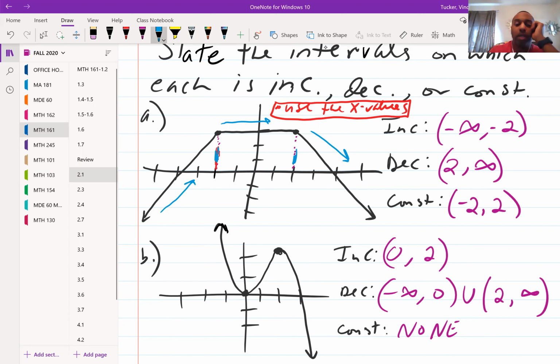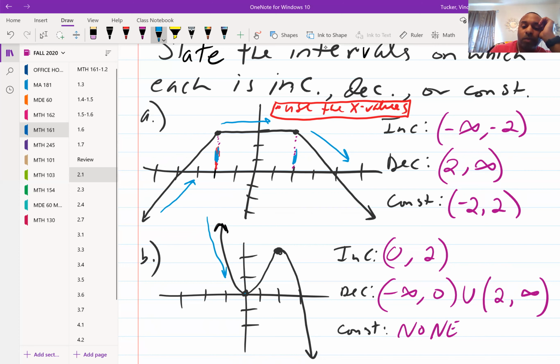All right, so in B, we're doing the same thing. Notice we use parentheses for all of these because they're open intervals. So when you say open intervals, you're using the parentheses, not the bracket. So now for the next one, once again, we're coming from the left, but as we come from the left, we're going down to this point right here, which is our origin, that's 0.